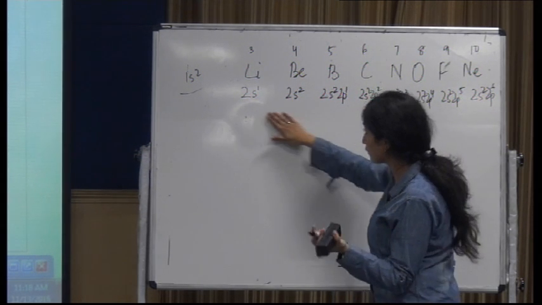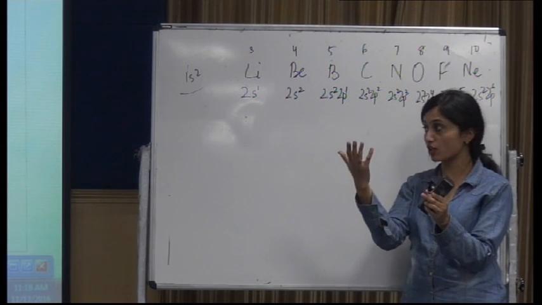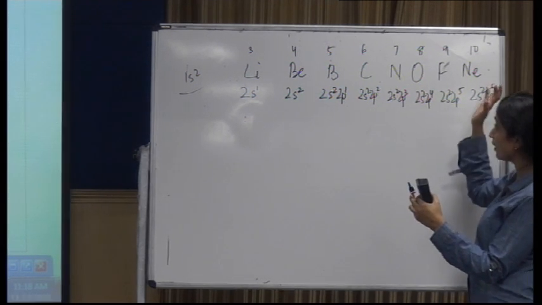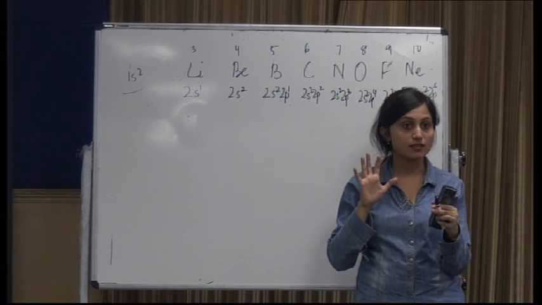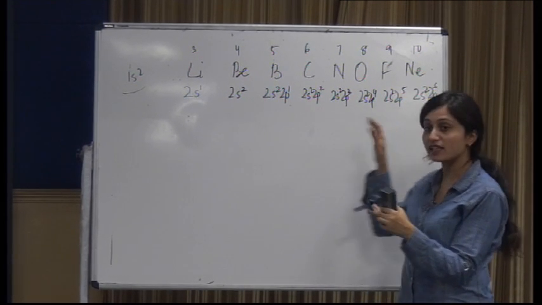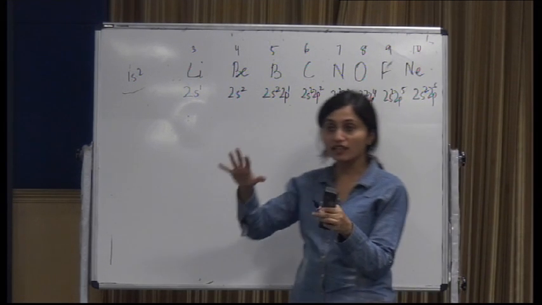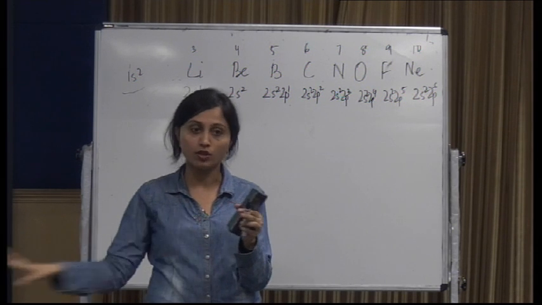So on going from left to right, because of the tightly packed structure and increasing effective nuclear charge, the ionization energy will increase. Why will it increase? Because now they are tightly packed and you require more and more energy to remove an electron.